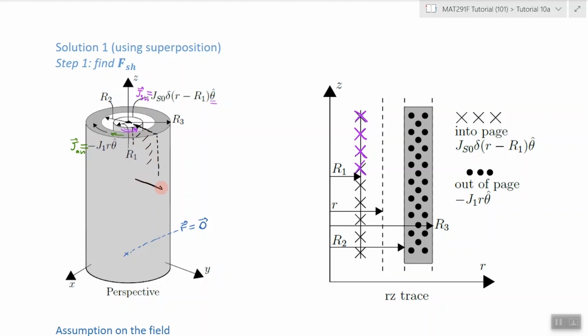So you see, if this was R, this was Z, then the sheet current is into the page. I'm actually going to erase this because it's too crowded. Okay.